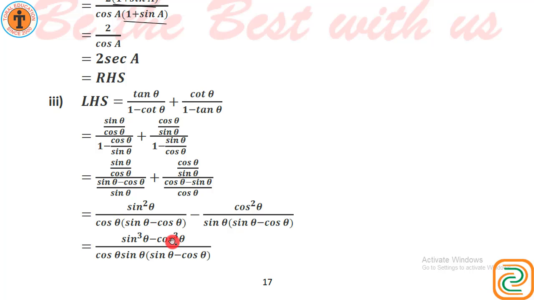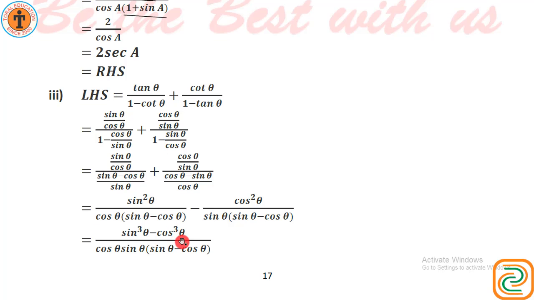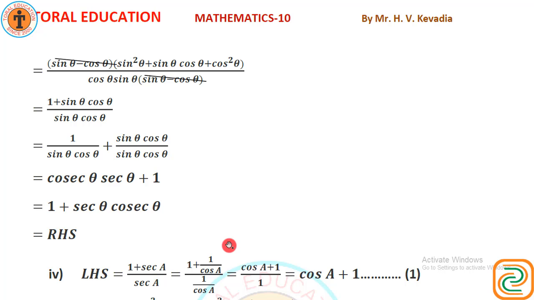Do you remember the formula of a cube minus b cube? This formula is to be applied here. So I have applied the formula, sin theta minus cos theta. Remember the formula, a cube minus b cube equals a minus b second bracket a square plus ab plus b square.